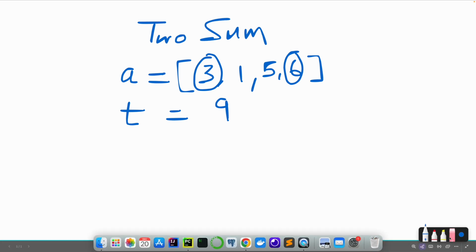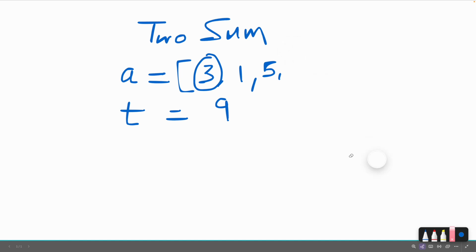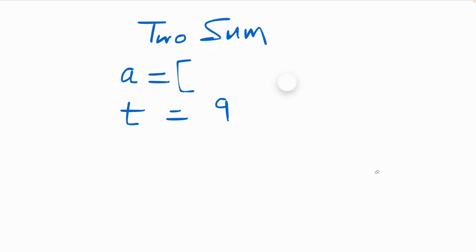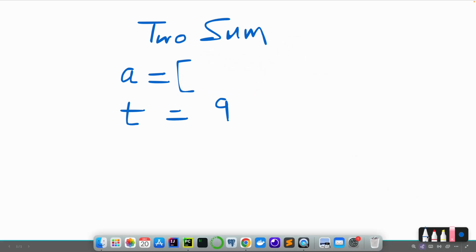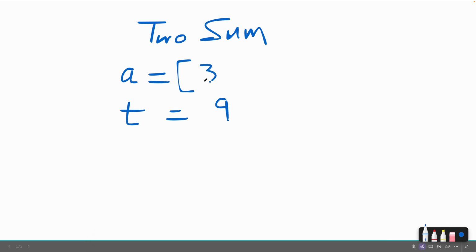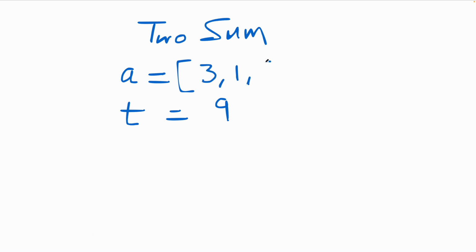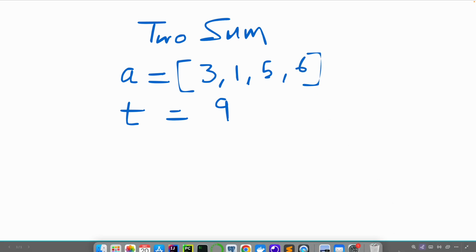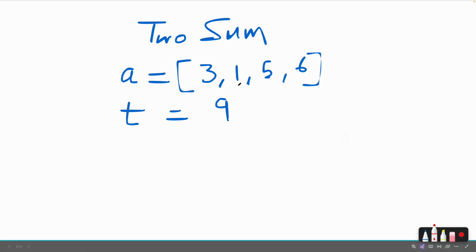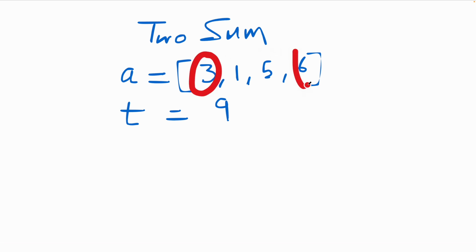Let me draw it again. So we have 3, 1, 5 and 6 in our array, and as I said, 3 and 6 can lead to a sum of 9. Those are the two elements which can lead to a sum of 9.